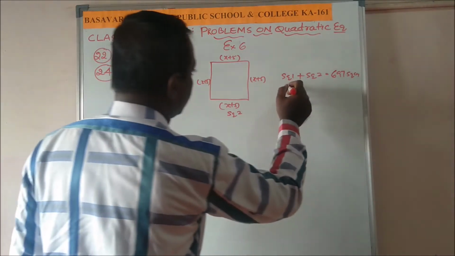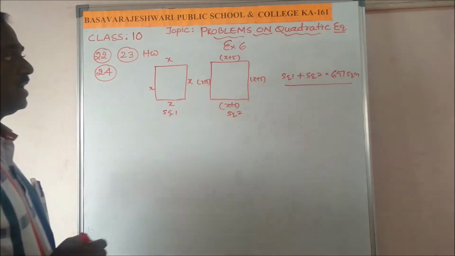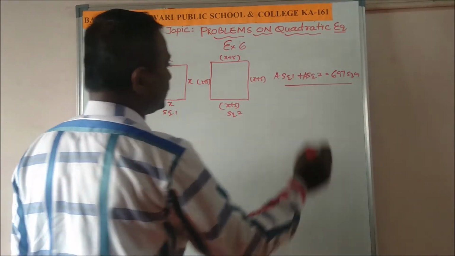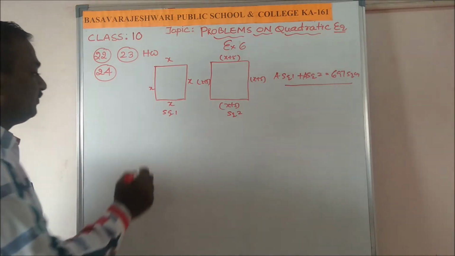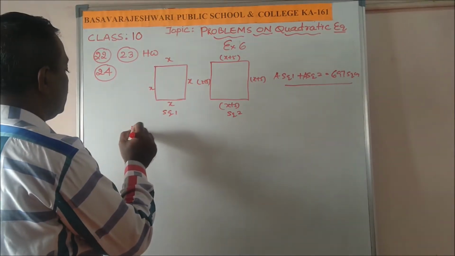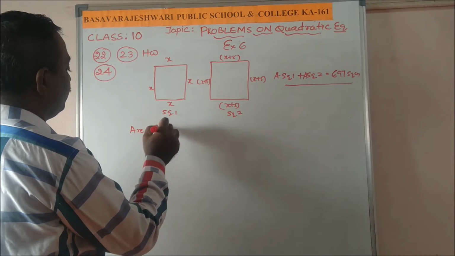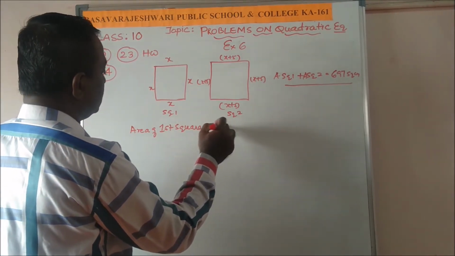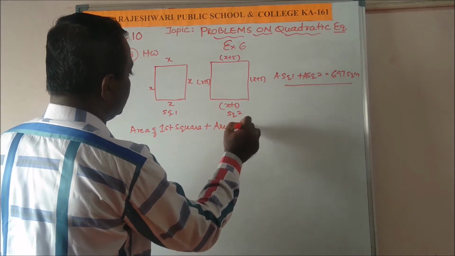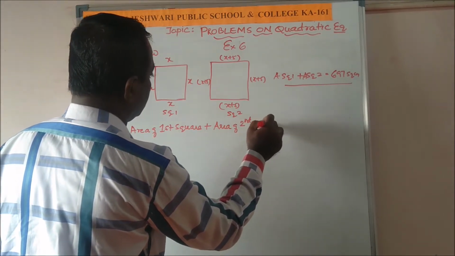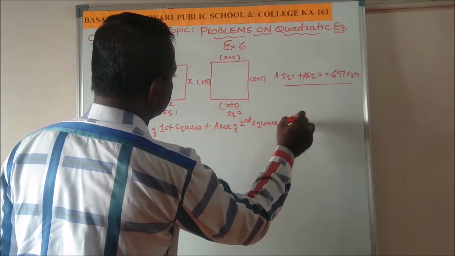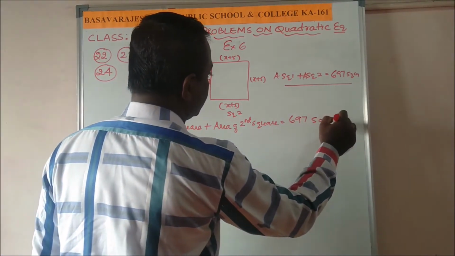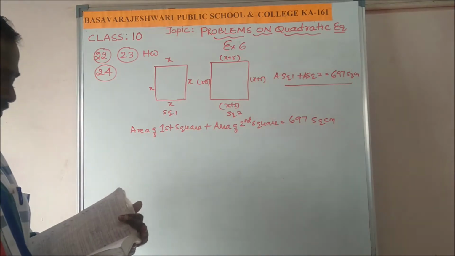Now, this is the equation: area of first square plus area of second square is equal to 697 square centimeters. That is the usual equation.